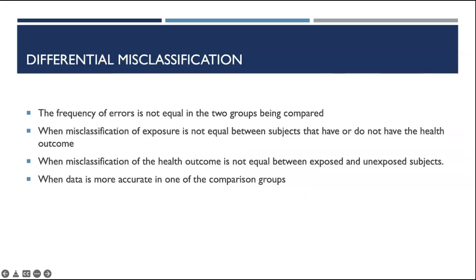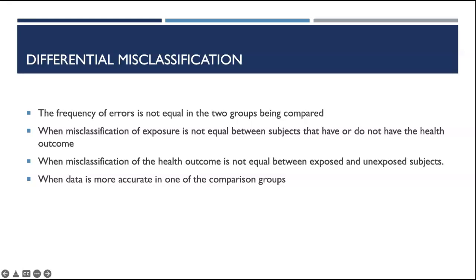This is when the frequency of errors is not equal in the two groups that are being compared. When misclassification of the exposure is not equal between subjects that have or do not have the health outcome, when misclassification of the health outcome is not equal between exposed and unexposed subjects, when data is more accurate in one of the comparison groups.